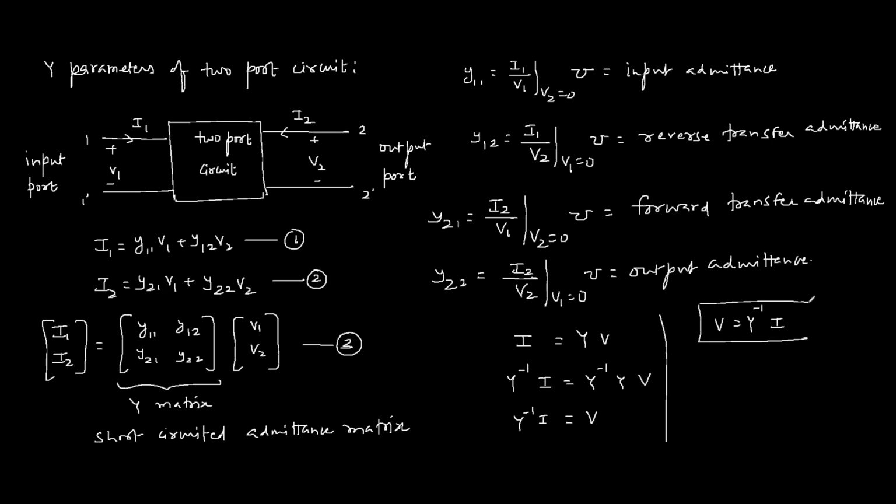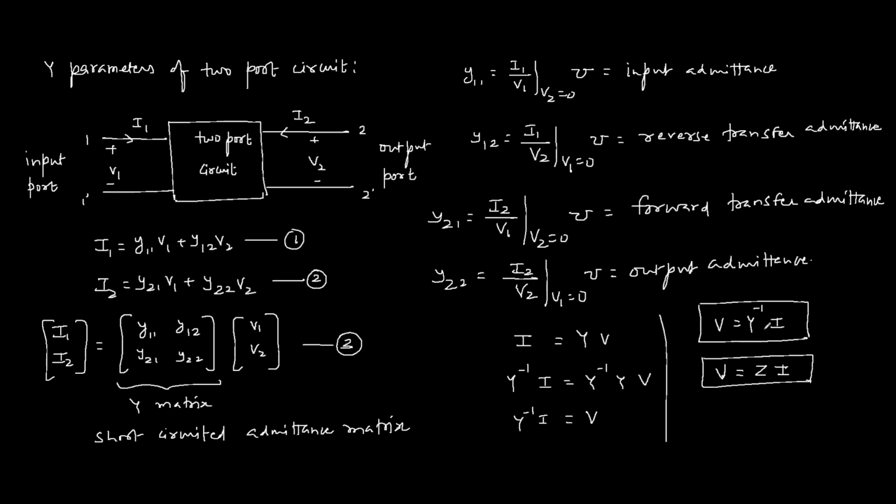Now in the previous lecture we have discussed about the Z matrix. We can write the equations of Z parameter in this form: V equal to Zi, where Z is the impedance matrix.